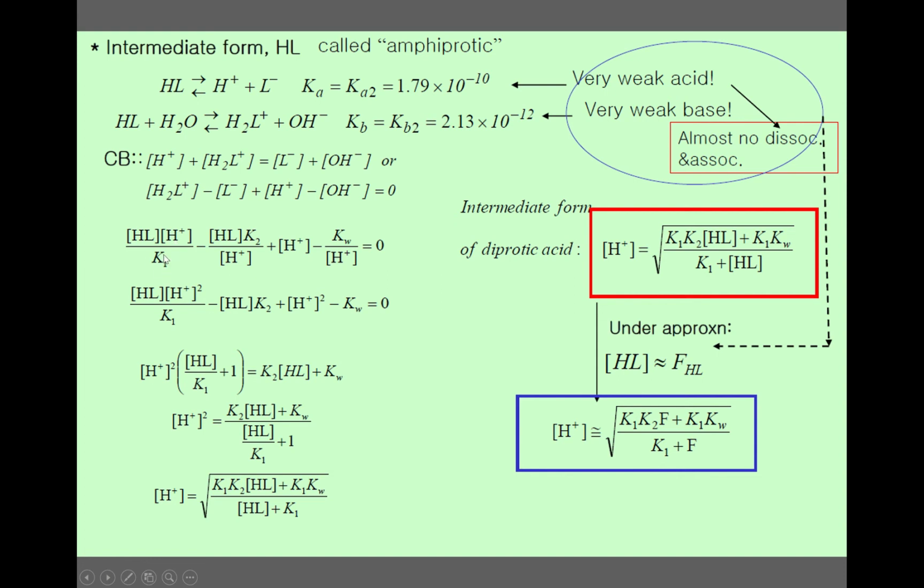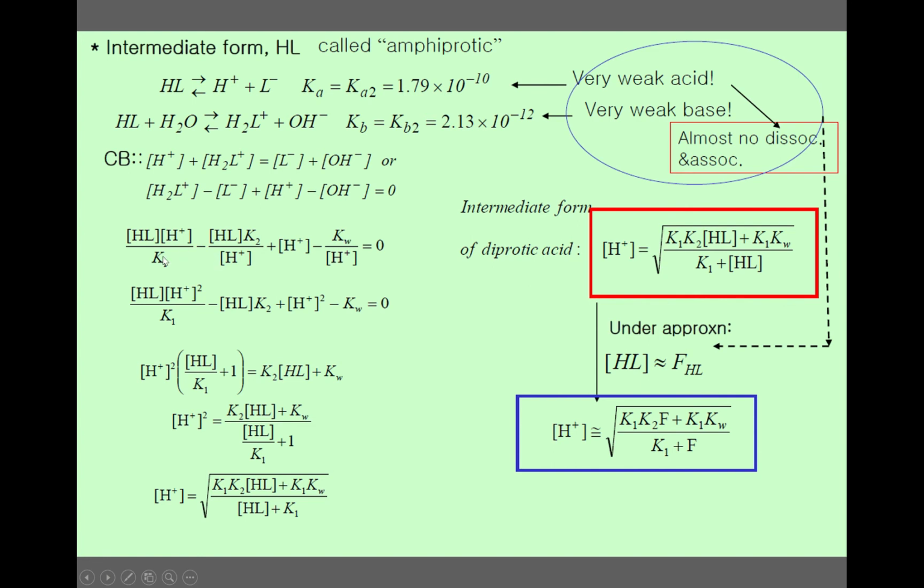Likewise, for L minus, we write again using K2, which is given by this one. And for hydroxide ion, we write it in terms of proton concentration using Kw.